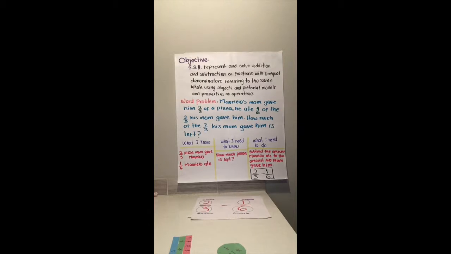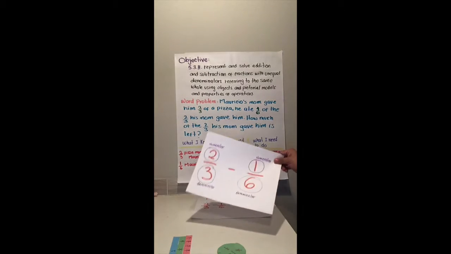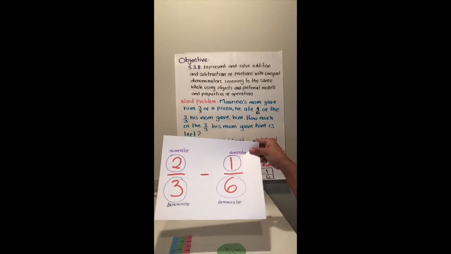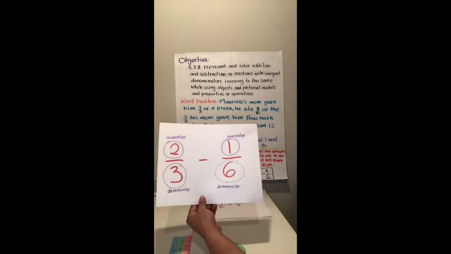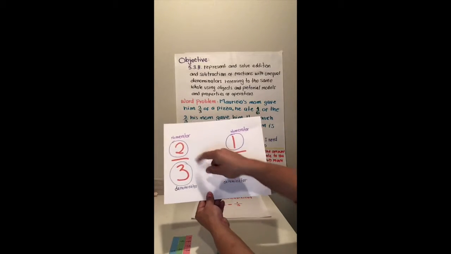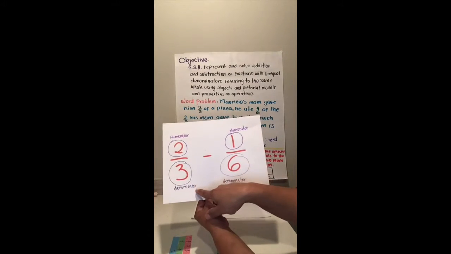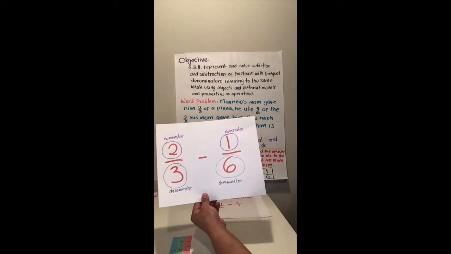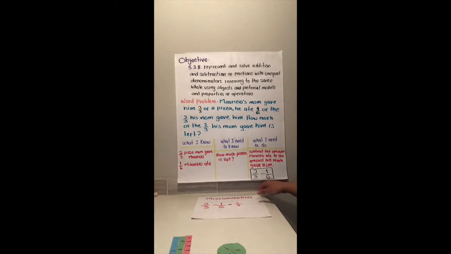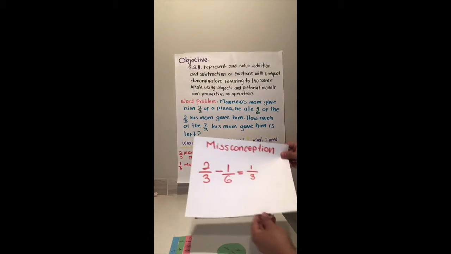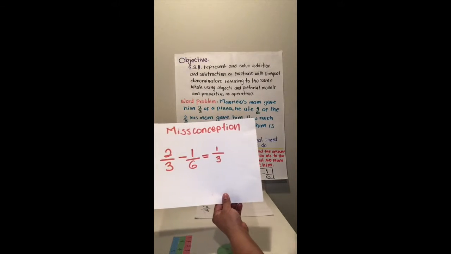Okay, so in order to do that, we already know that my operation is a subtraction. Here the subtraction is represented with the fractions 2/3, 2 being the numerator and 3 being the denominator, minus 1/6, 1 being the numerator and 6 being the denominator. Okay, a common misconception here is that students tend to subtract across.